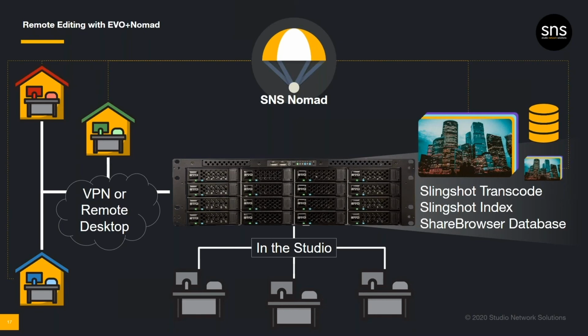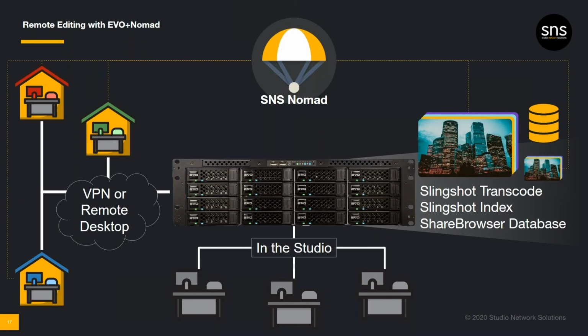To the left, we have our remote-based editors working from their homes. They could be next door, down the street, in another country, anywhere they needed to be. They're all connected to their in-studio Evo via a VPN or remote desktop. So now they have access to see the 4K and 8K footage, as well as the low-res proxies, because they can use share browser and they can access that media. They can see those files, but they don't have them on their physical workstation yet.